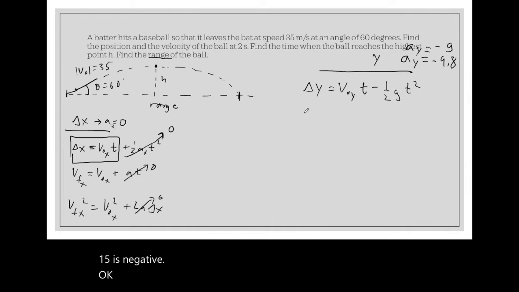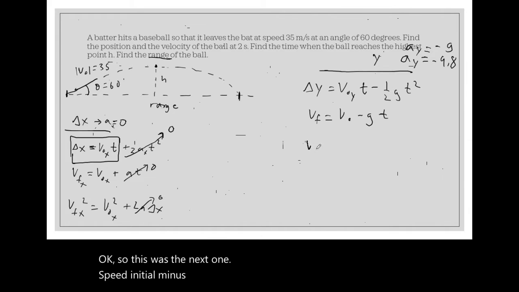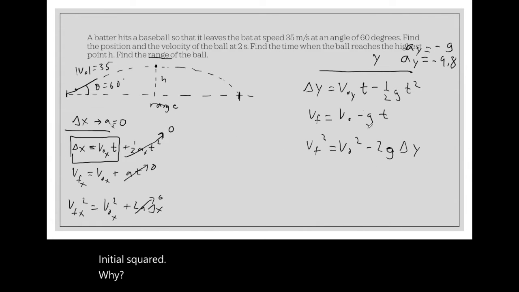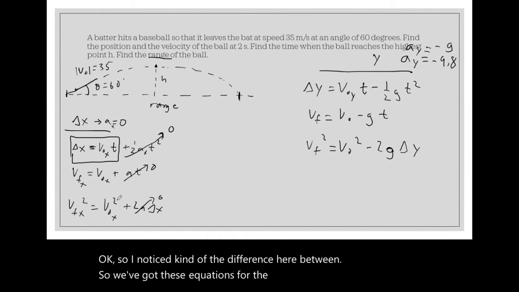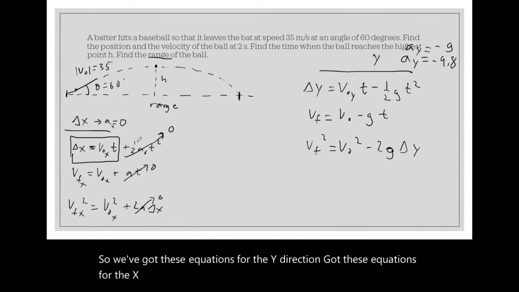Okay, so what's the next one? V final equals v initial minus gt. V final squared equals v initial squared minus 2 g delta y. Okay, so notice the difference here between these equations for the y direction and these equations for the x direction.